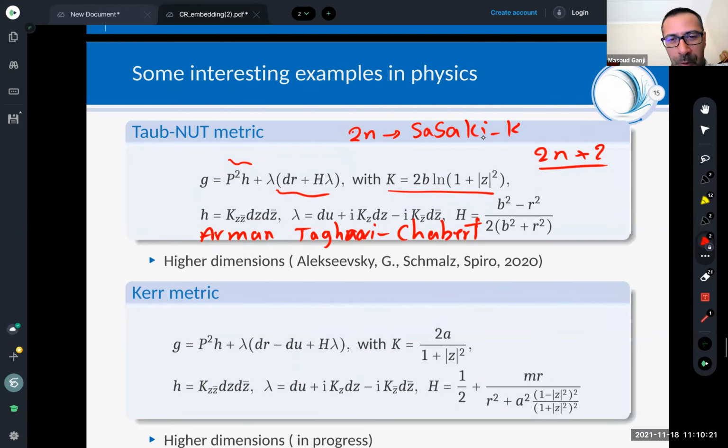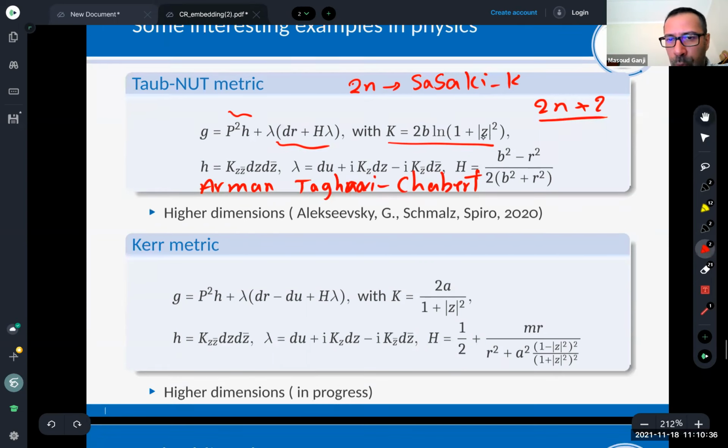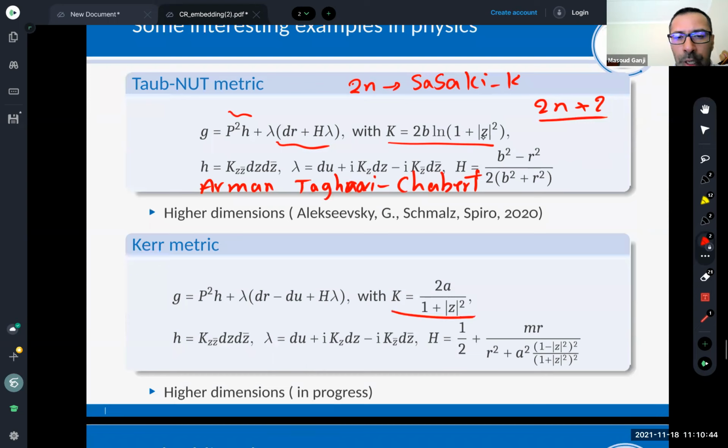So he also produced such a metric in high dimensions in a slightly different way. So in this metric, the Kähler potential is in this way. This is the Kähler potential, and the metric is introduced in this way. We are still working on the high dimensional case, which is a very long procedure.